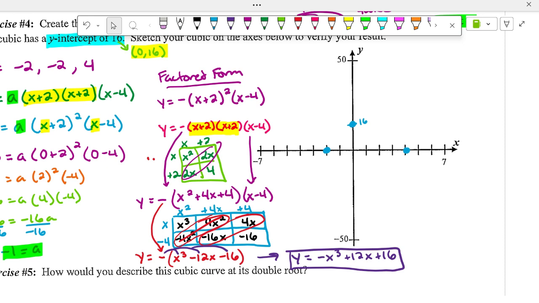All right, so my graph's going to look something like this. I'm going to start up high. When I get to -2, I'm going to bounce, go through this point, and cross at 4, and then my tail's going to remain going down. That's a general idea of what my graph's going to look like if I graph that in Desmos.